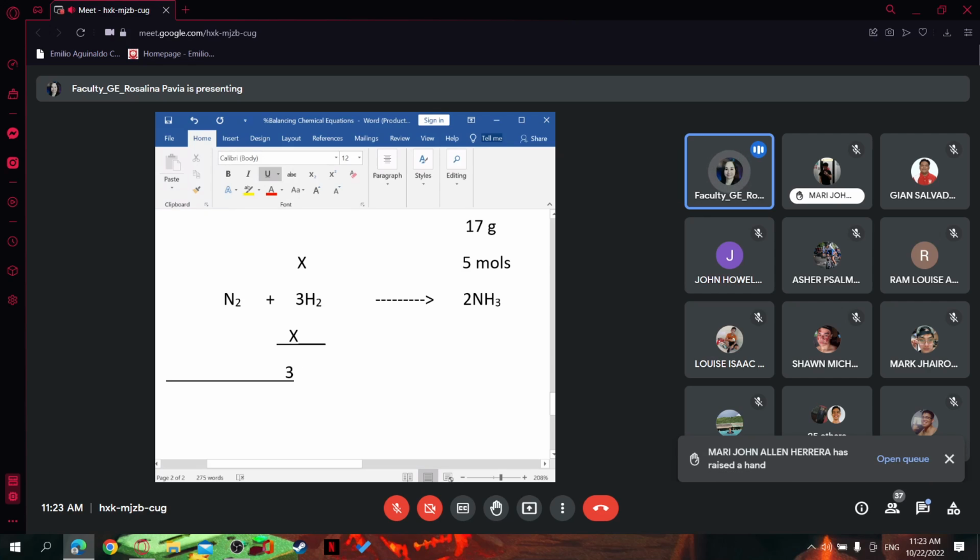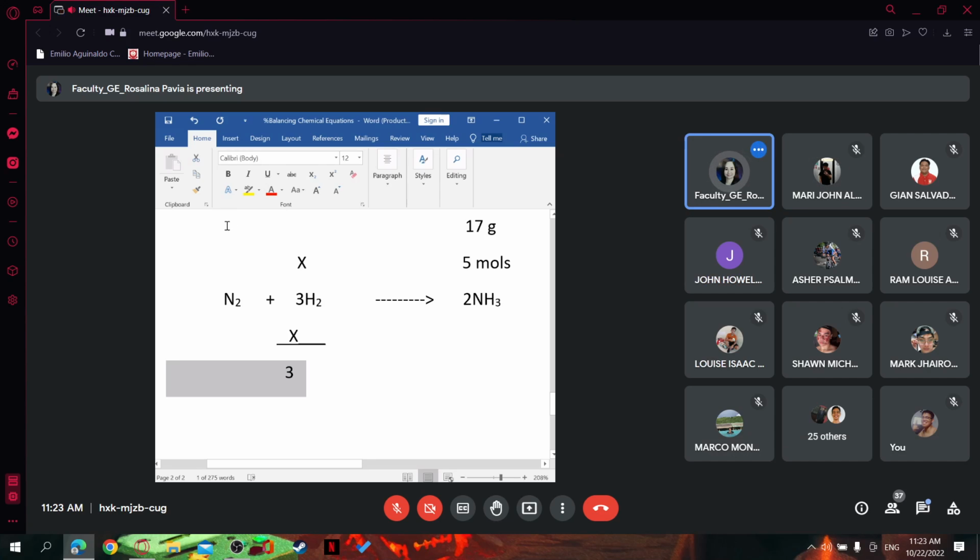Ma'am, saan galing po yung 17 grams po? We solve for the mass. M equals to N times MM. Nag-ano lang po, convert lang po.